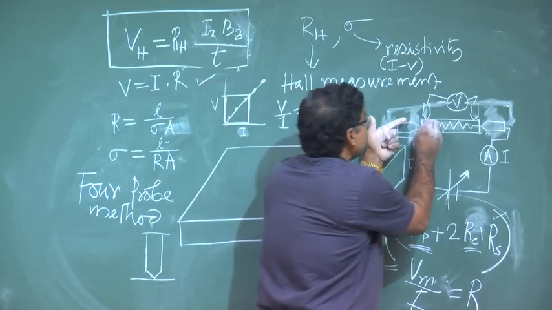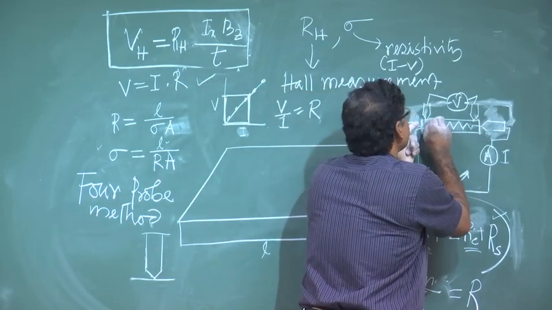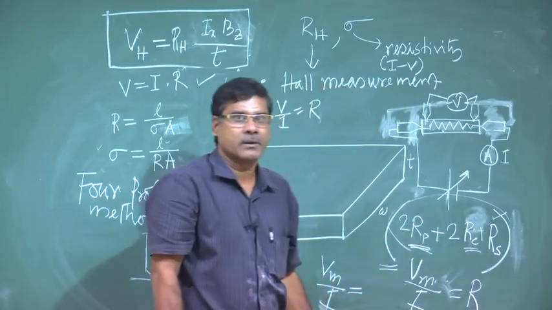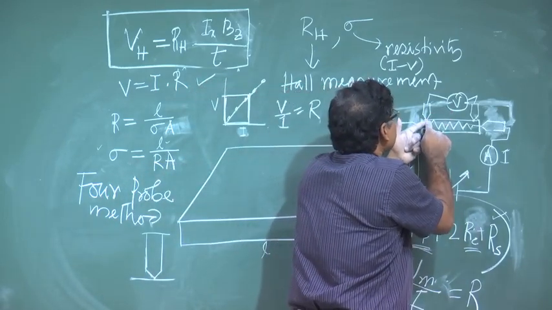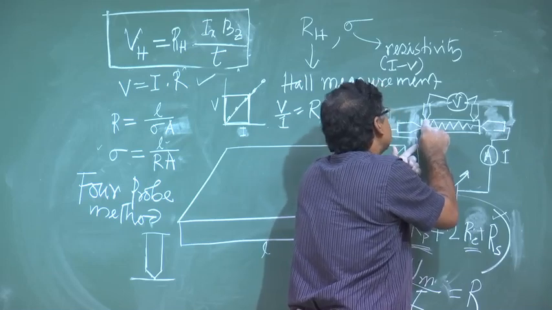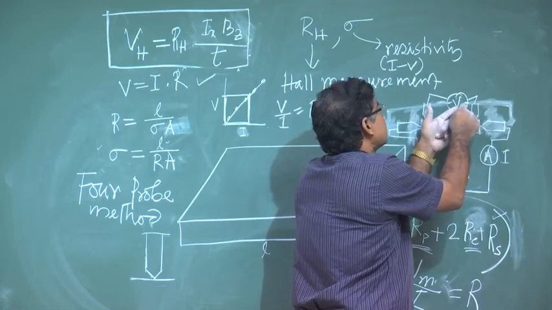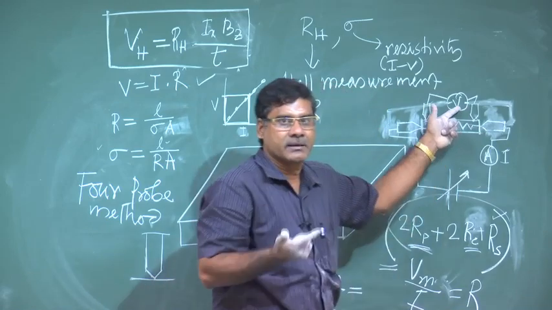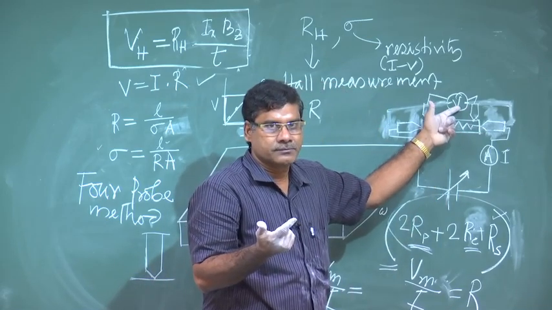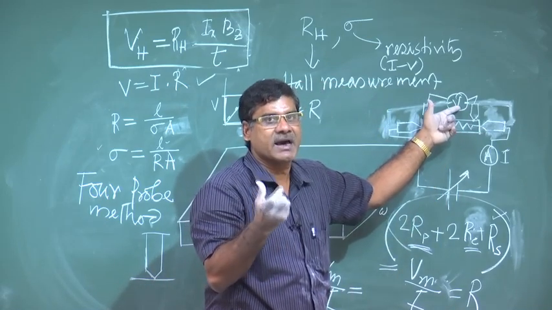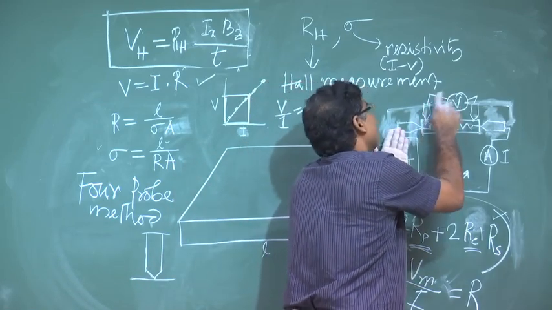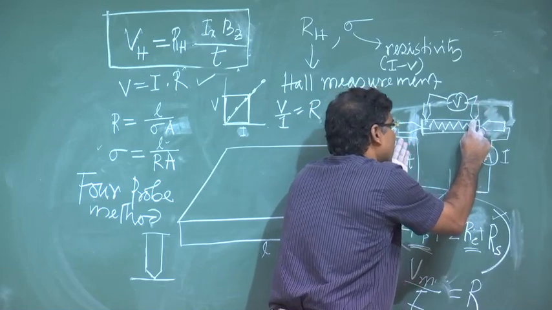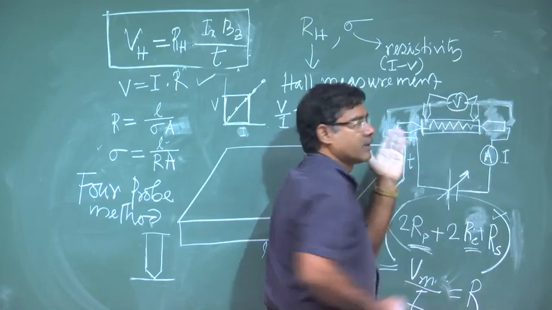Now, when I am measuring the voltage here, there is no voltage drop due to this contact, because this is a voltmeter, it has very high resistance. So, no current will flow through this probe, right.